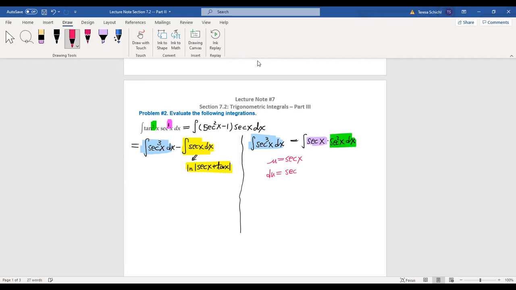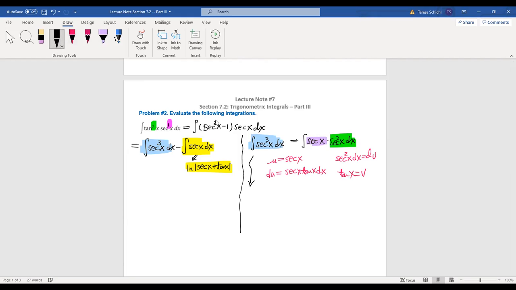That is secant x tangent x dx. For this part, secant square x dx is equal to dv. Now I integrate: the integral of secant square is tangent x, equal to v. So far so good, right?